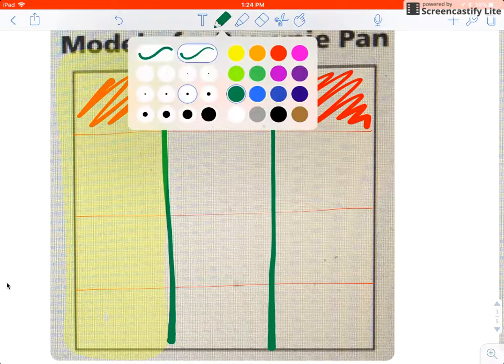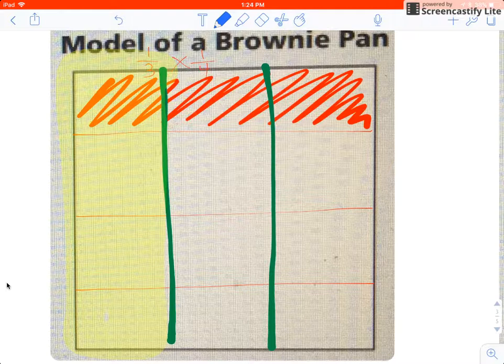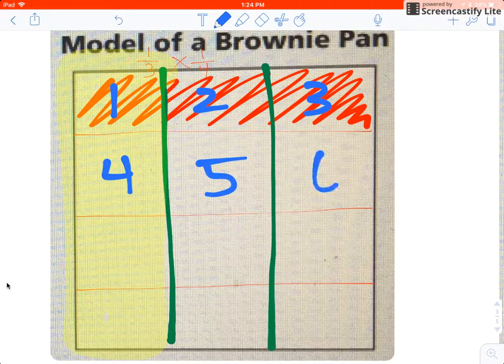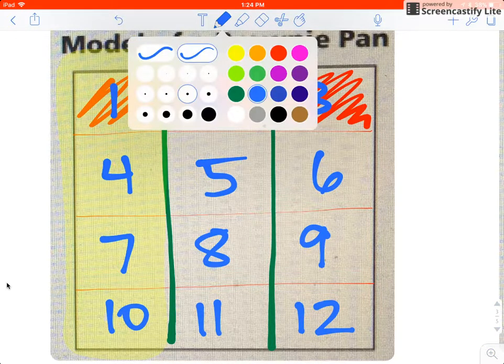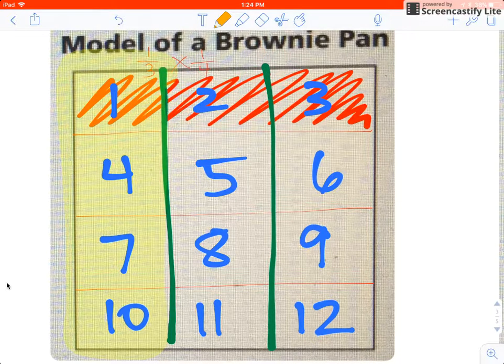Okay, so we will have to figure out how many pieces this brownie pan is broken up into total to know how much of the brownie pan we're buying. So I'm breaking it up into 12 pieces total. And we will figure out how many pieces I actually get out of those 12.